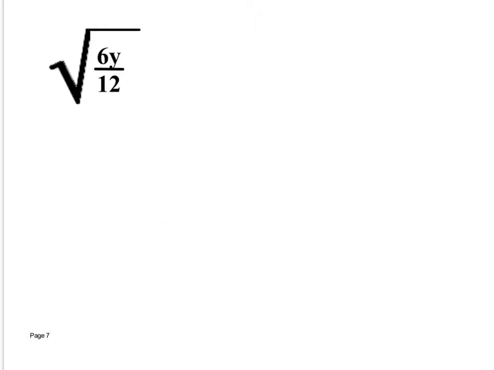All right, write this down. So here they've got square root of 6y over square root of 12. Is there anything I can take out? All right. So it leaves you with square root of y over the square root of 2. Right? How do I get rid of the square root of 2 on bottom? I take the square root of 2 times the top and bottom.